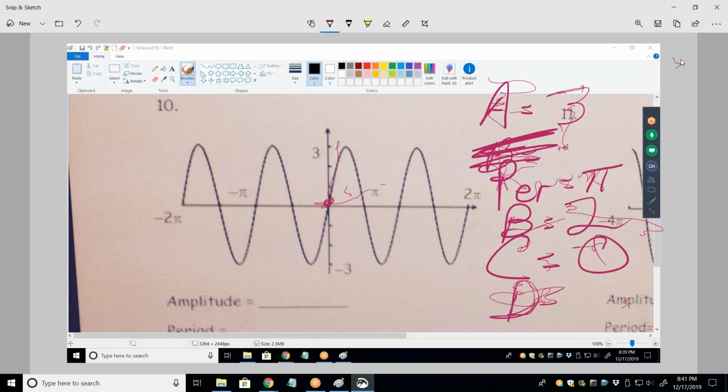Okay, yeah. And one way to think about D is, has this thing been shifted up or down? No, it is perfectly symmetrical about the x-axis. So it has not been moved up or down. So we have A, we have B, we have C, we have D. What's the equation of this line?